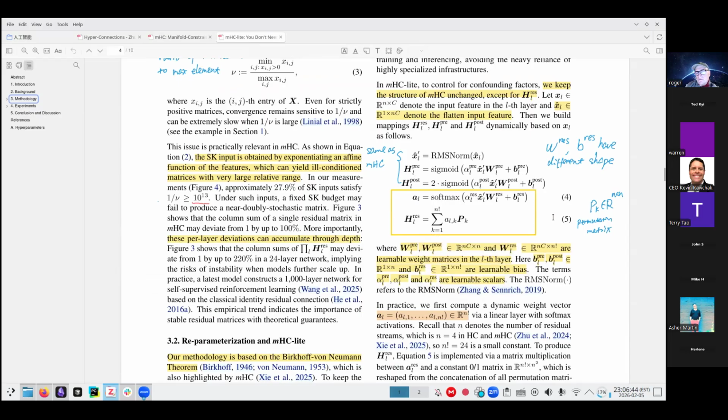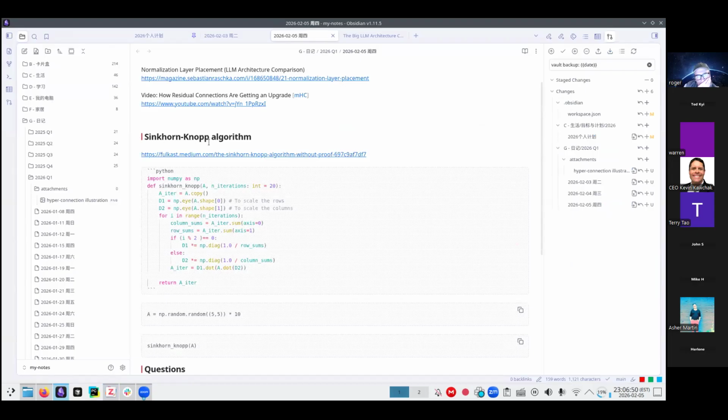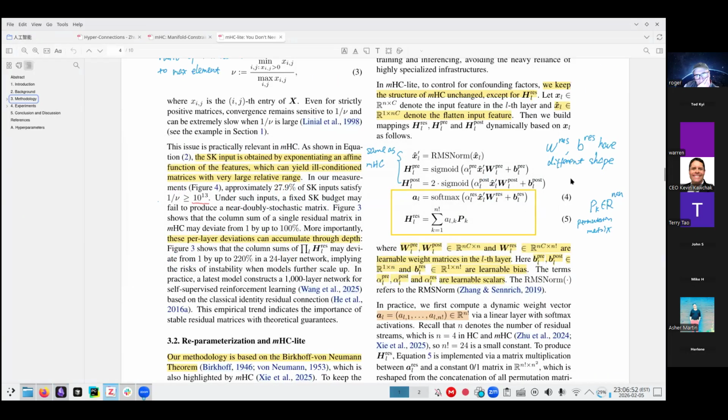Instead of using the Sinkhorn-Knopp algorithm, they use this P_k, a permutation matrix, which just means you have a permutation vector and then you permute them in the matrix.